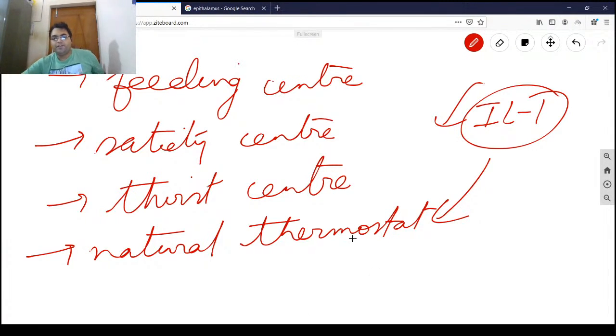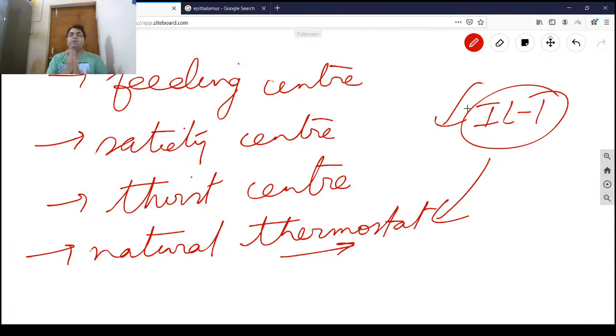What happens when your body temperature set point increases? As a hypothalamic response, why do you go for shivering?